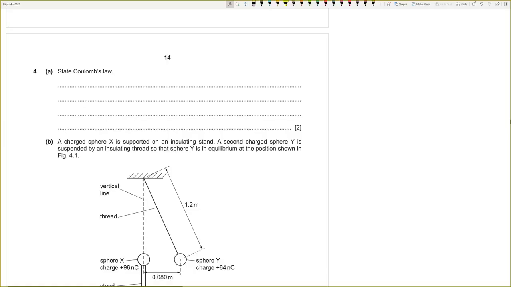State Coulomb's law. So Coulomb's law states that the electric force between 2-point charges is directly proportional to the product of the charges and inversely proportional to the square of the separation, right?